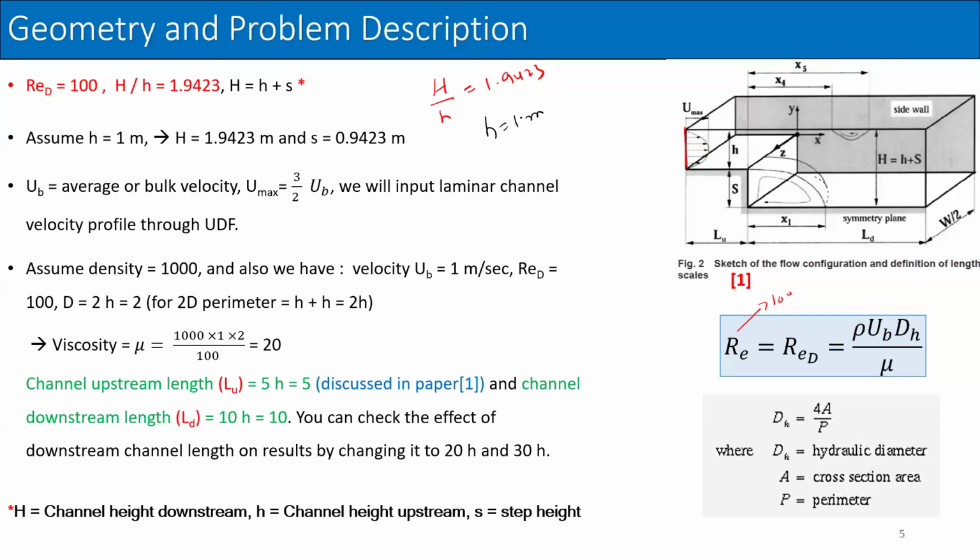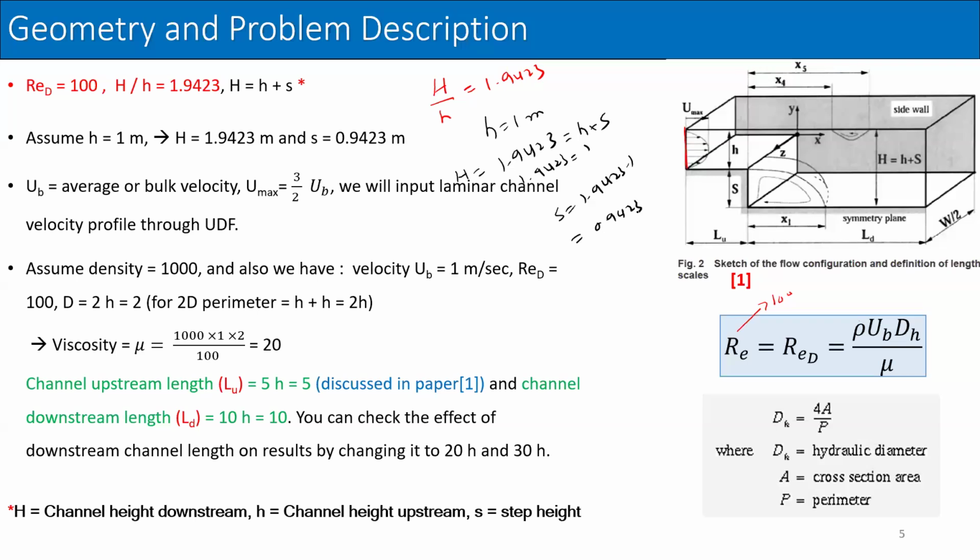This will make things very simple. So this means that H will be equal to 1.9423. Now H is equal to small h plus s, and because h is equal to 1 meter, s will be equal to 1.9423 minus 1, which is equal to 0.9423.